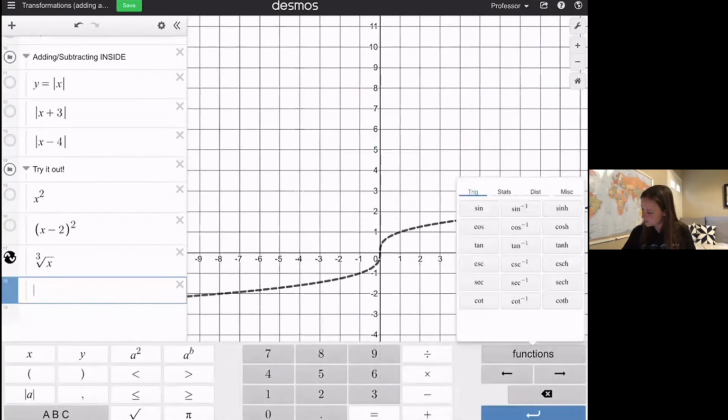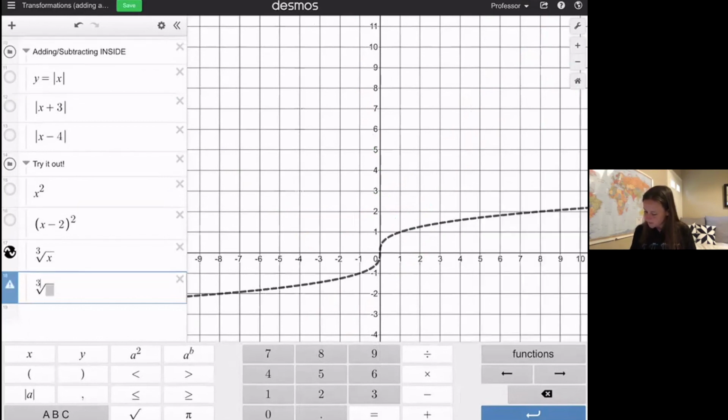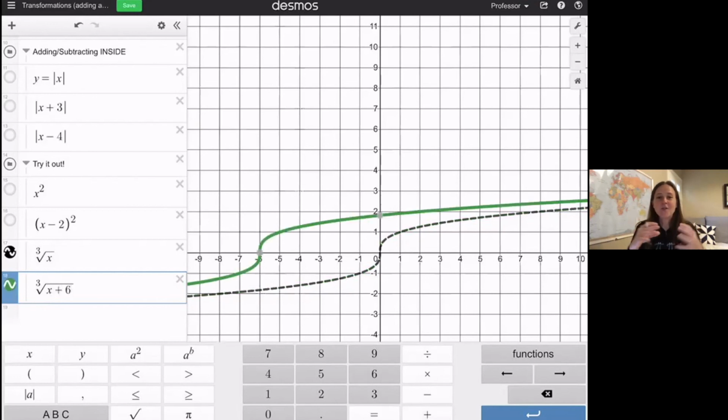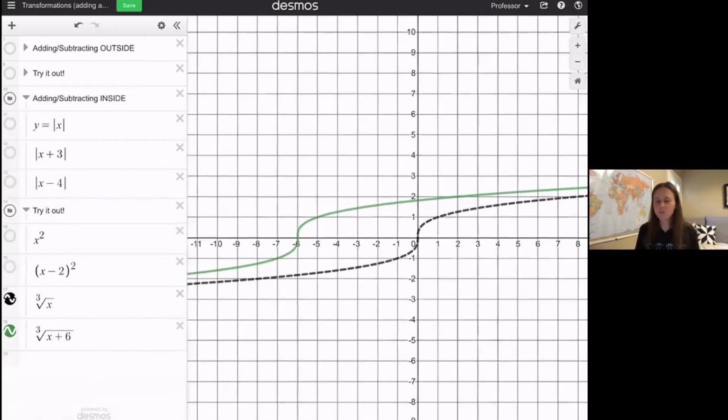I've got to go over to the functions, miscellaneous. That's where my cube root of x graph is. Inside the function, let's add, because we did subtraction with the other one. Let's add 6. Inside means under that radical, inside the house. And sure enough, it is moving it to the left when we add.